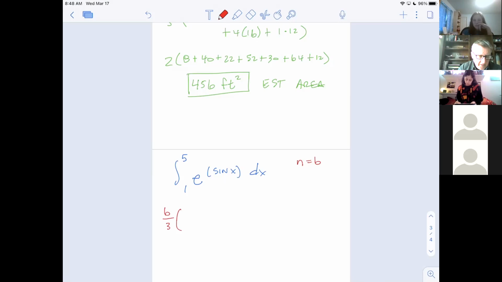Out of laziness, I'm going to round this off to 2 decimal places. Did you get this? Let's see, I'm going to have 7 of these numbers. 1, 2, 3, 4, 5, 6.